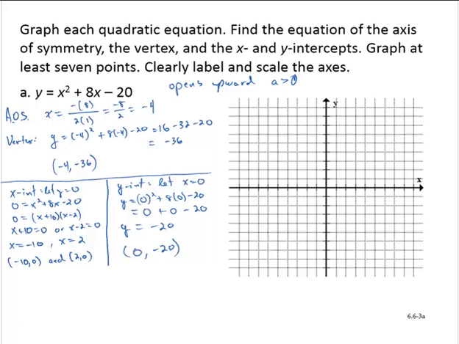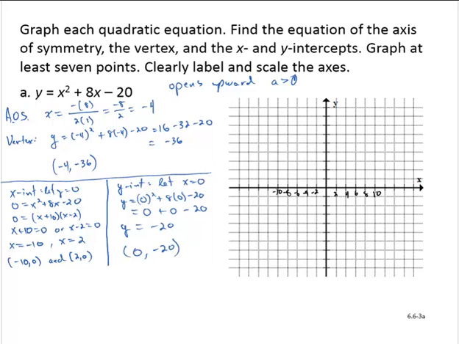All right, so looking at all the numbers we have so far, I'm going to use a scale of 2 on the x-axis. So let's see, this is 2, 4, 6, 8, 10, negative 2, negative 4, negative 6, negative 8, negative 10.